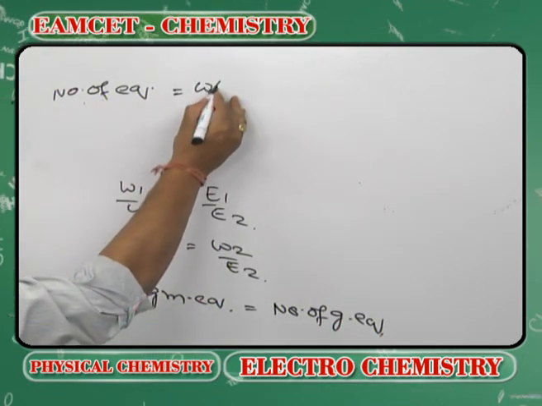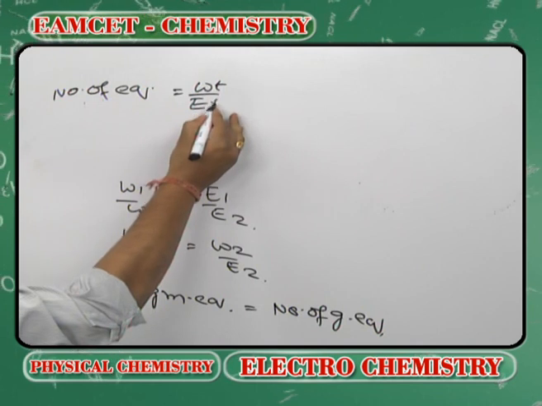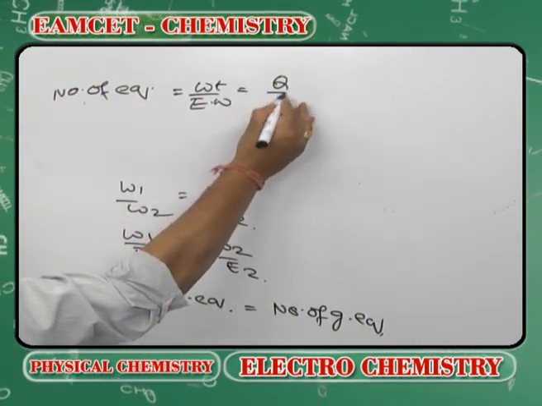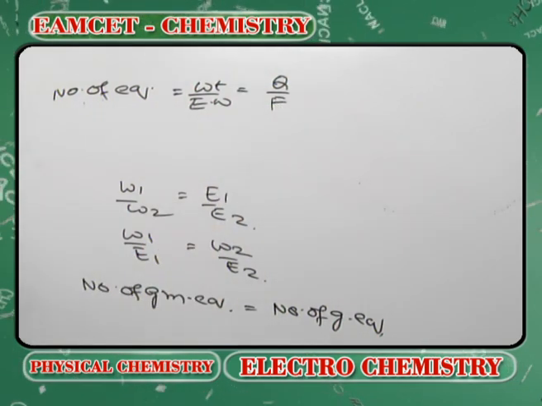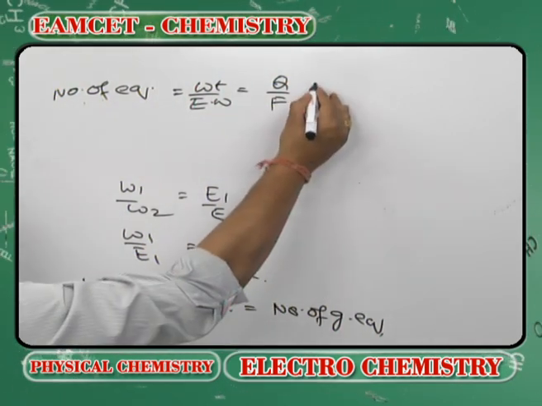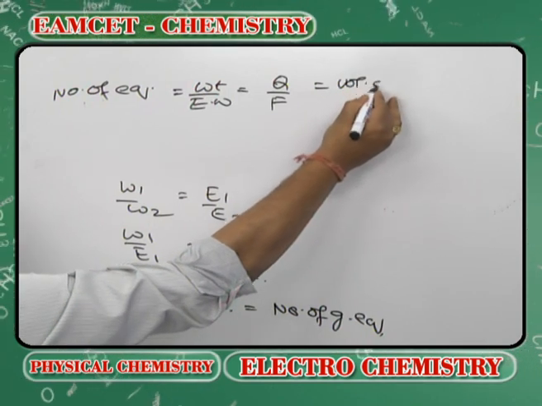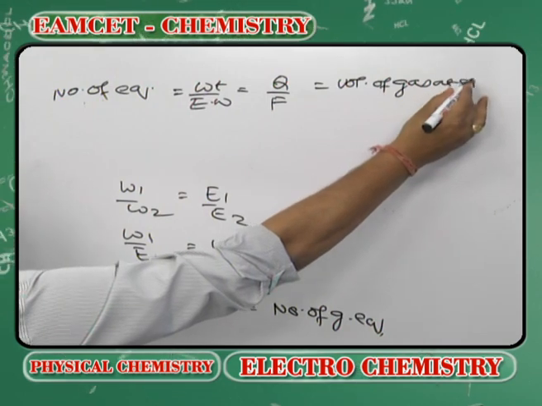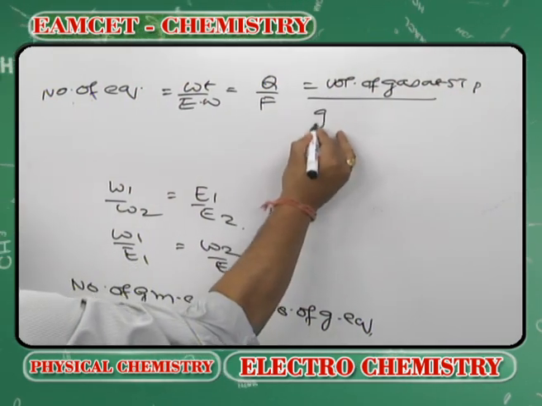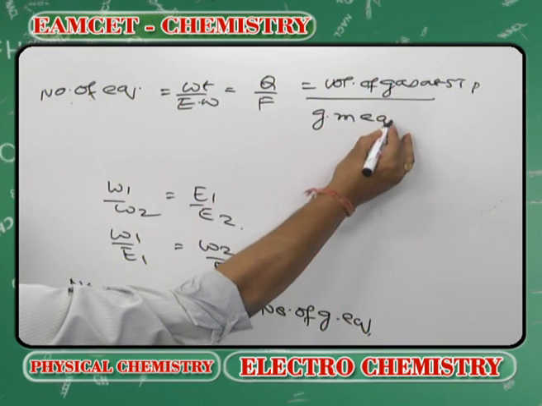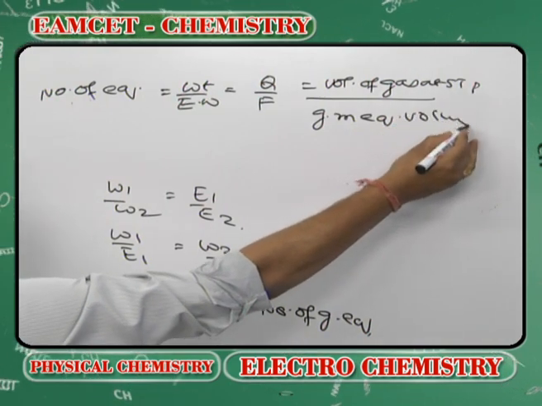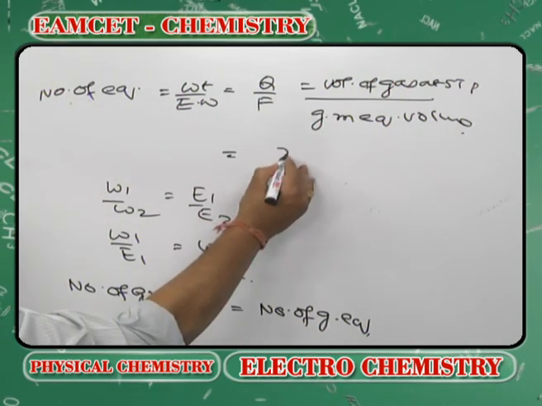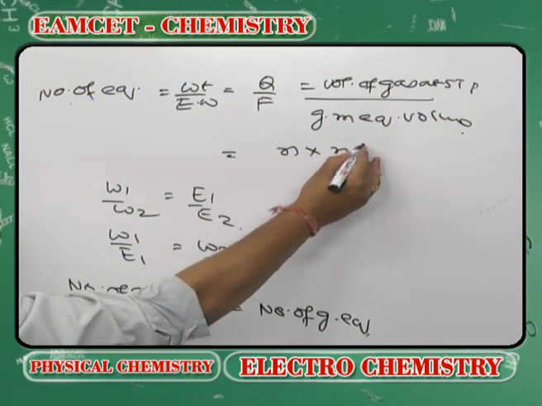One is weight by equivalent weight, and Q by F, which can be equated to volume of the gas at STP by gram equivalent volume, and number of gram equivalents can also be equated as number of moles into n factor.